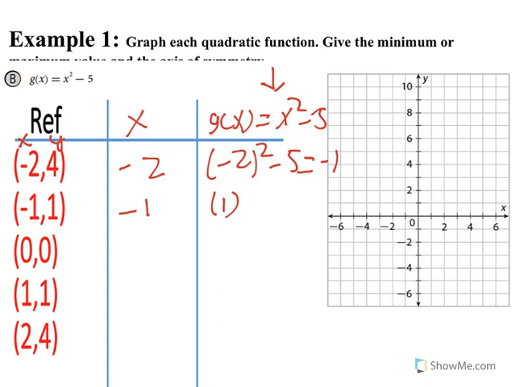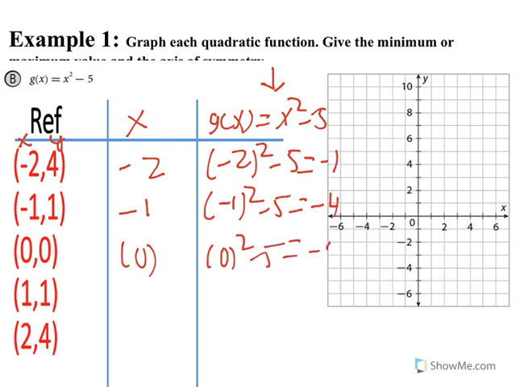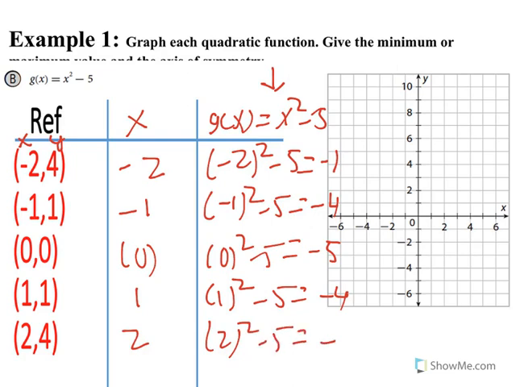Let me change this a little bit, that's a mistake. So we have negative 1 squared minus 5, so 1 minus 5 gives us negative 4. And 0 squared minus 5 gives us negative 5. 1 squared minus 5 gives us negative 4, and 2 squared minus 5, so 4 minus 5, negative 1.